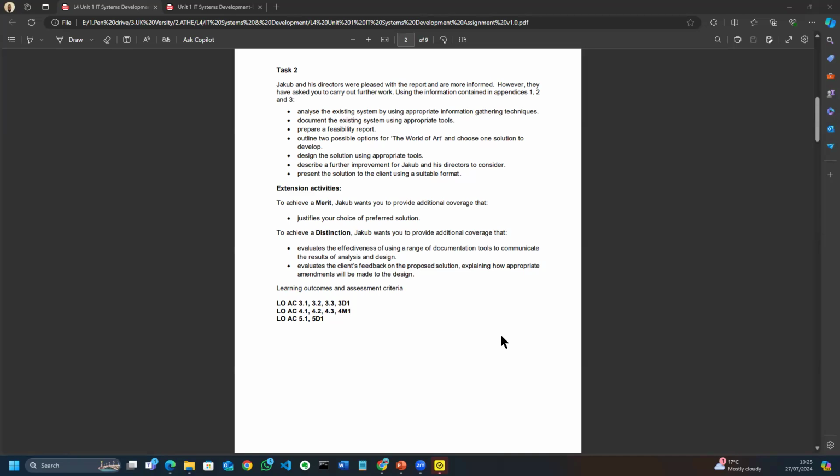Prepare a feasibility report. Outline 2 possible options for World of Art and choose one solution to develop. Design the solution using appropriate tools. Describe further implementations for Jacob and his directors to consider. Present the solution to the client using a suitable format.